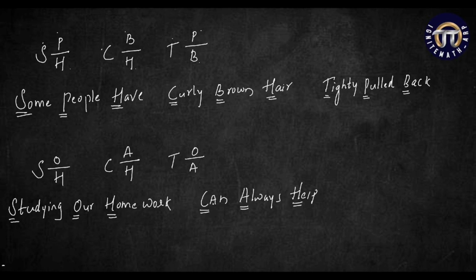CAH, cos is adjacent by hypotenuse. How can I remember tan now? TOA: to obtain ambition. So tan is opposite by adjacent. If I remember this trick, trigonometry can be very easily learnt, right?